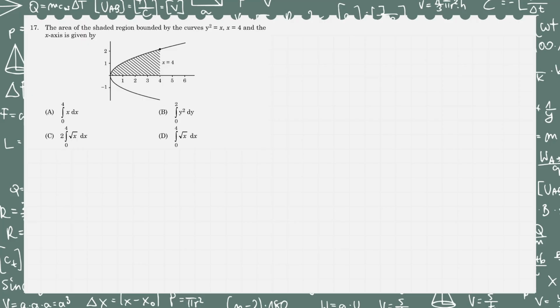The area of the shaded region bounded by the curves y square equal to x, x equal to 4 and the x-axis is given by, we need to find that.